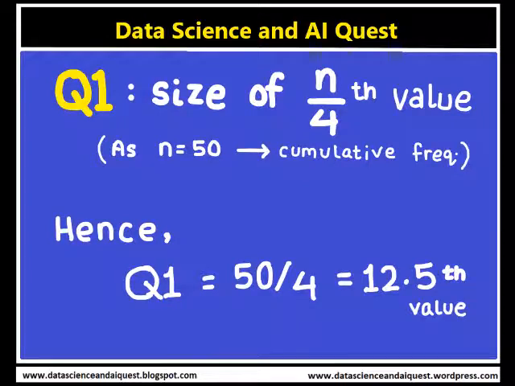So Q1 is 50 by 4, that is 12.5. It can also be understood as the 12.5th value of the entire frequency distribution table.